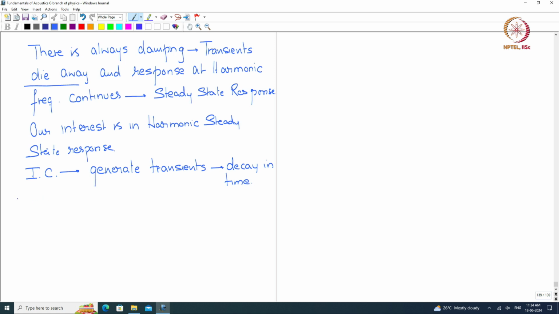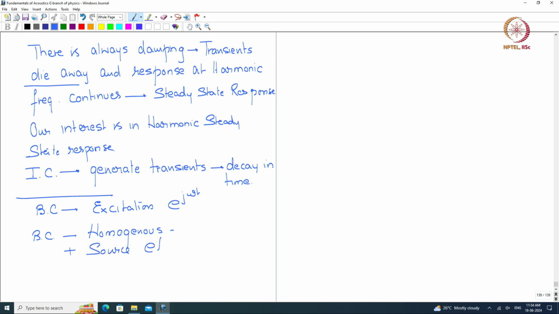So now our excitation can be from the boundary condition itself causing the excitation and a harmonic excitation, or the boundary conditions are homogeneous and we have a source, which is harmonic. So we will be looking at such situations.